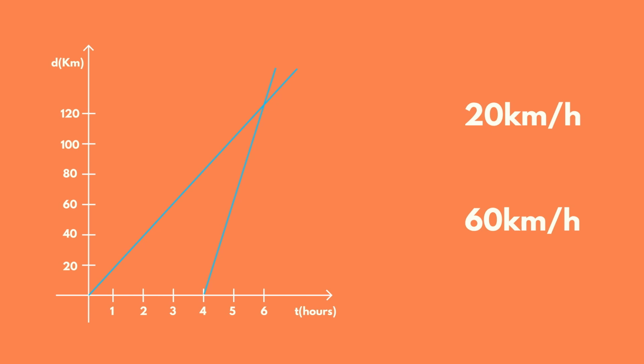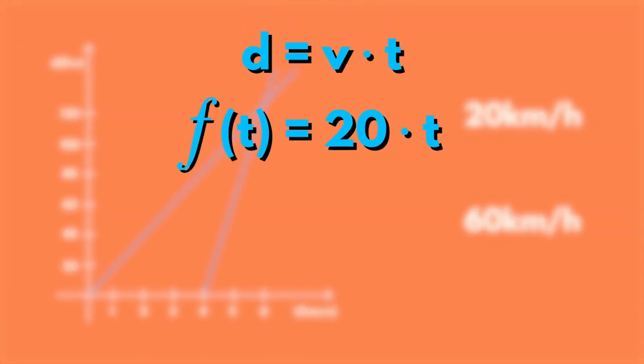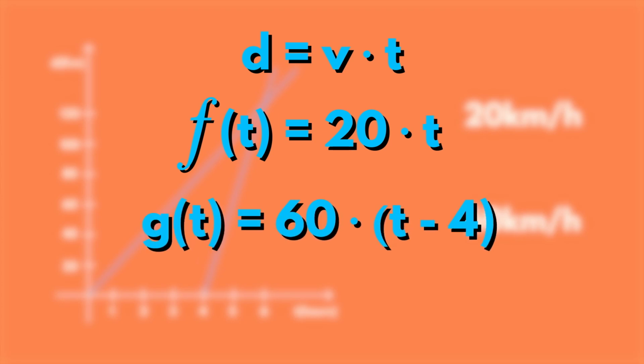To solve the problem, we need to remember the relation between the speed, time and distance, which is d = v·t. We write the distance traveled by the first car in the time t and the distance traveled by the second car in the time t − 4, where at the time of the meeting the cars will have traveled the same distance d.